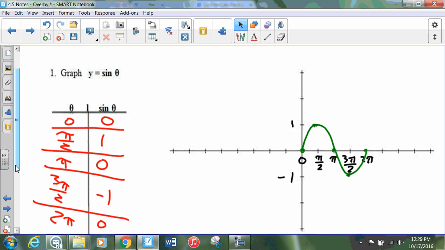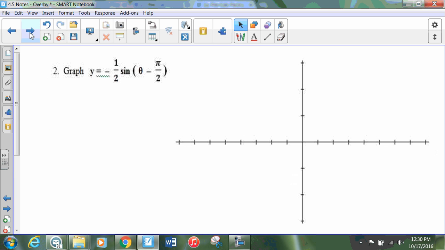Trust me, the cornier it is, the more you'll remember it. Okay, so here we go. So sine starts at 0, but still the same pattern: 0, 1, 0, -1, 0. Okay, questions on this?